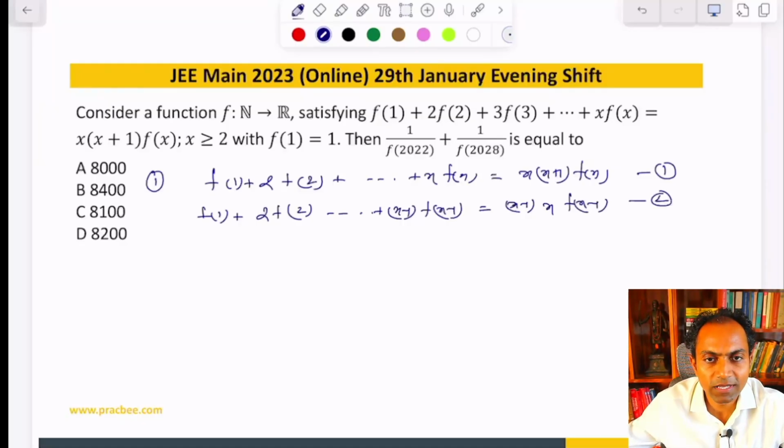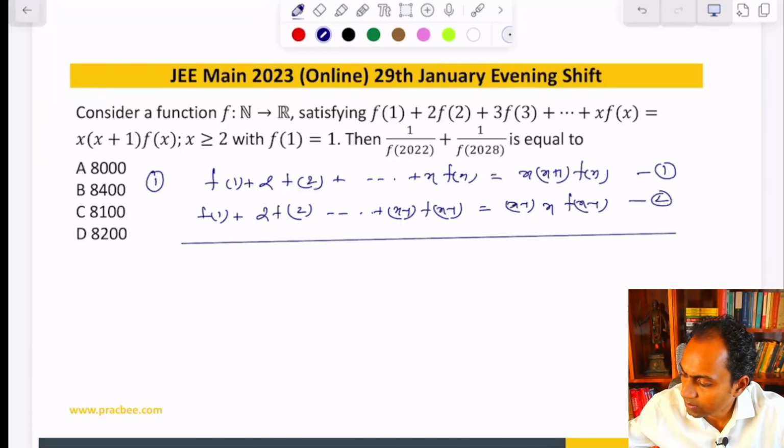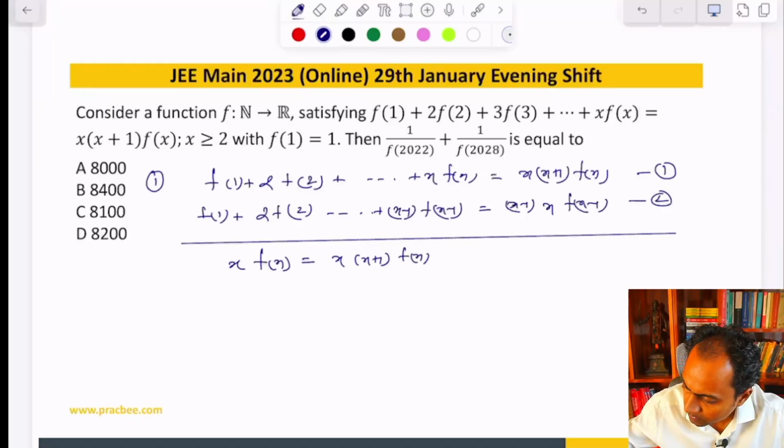Once I've got this, I can subtract them. Let us see what I get. All of these terms will get cancelled out. I will get x into f of x will be equal to x plus 1 f of x minus x minus 1 x f of x minus.